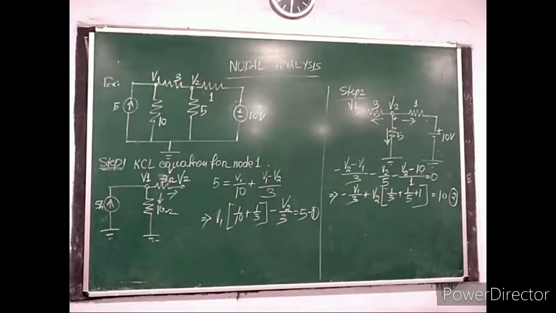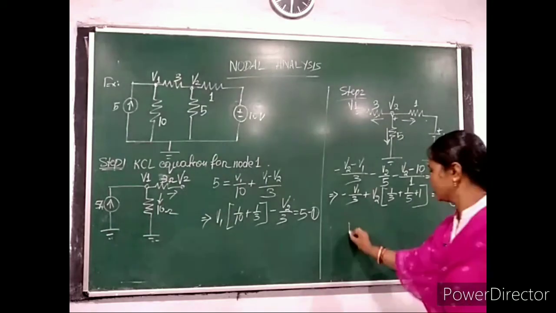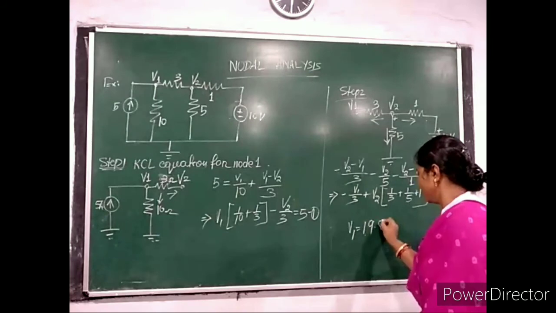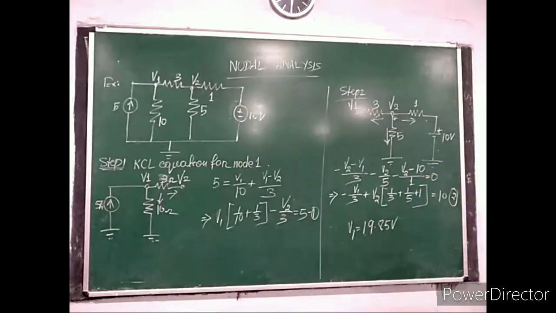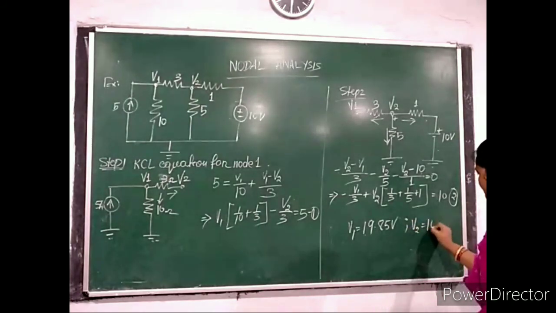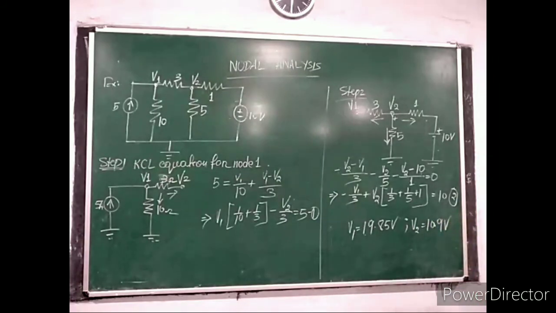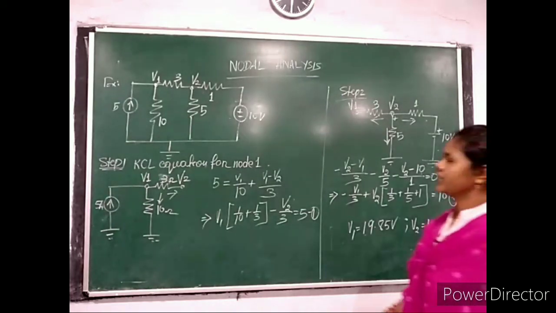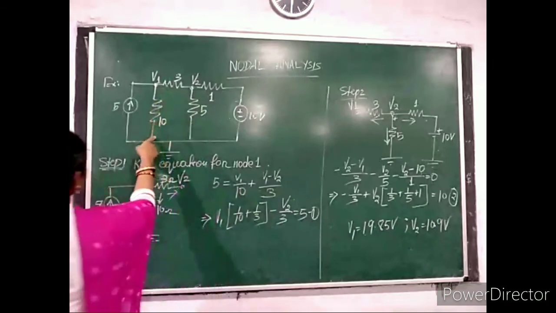If you solve equations 1 and 2 using the matrix method or the cancellation method, you get V1 as 19.85 volt and V2 as 10.9 volt.